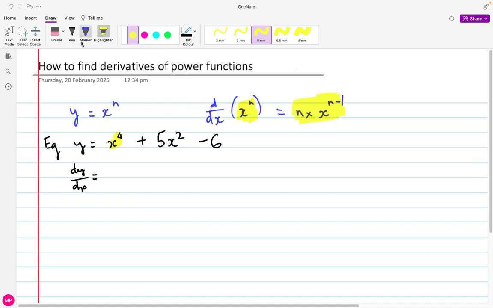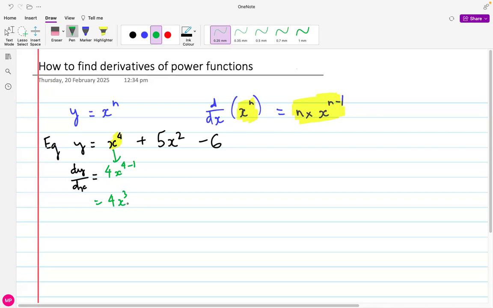So for this term, x to the power of 4, you bring the 4 down, so 4 times x to the power of n minus 1, so 4 minus 1, and 4 minus 1 equals 3, so you're left with 4x to the power of 3, right? So the first term is done.